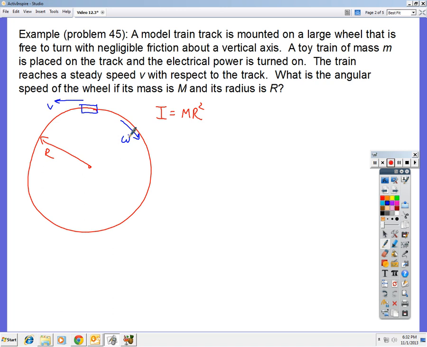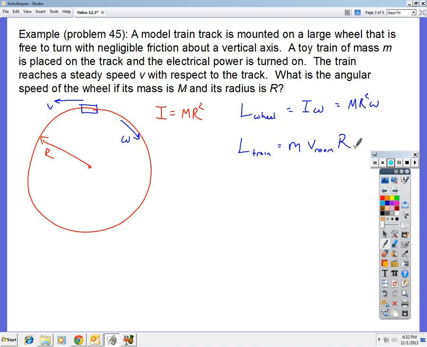So the first thing we say is, okay, let's find the angular momentum of the wheel. It's just I omega, which is Mr squared omega. That's pretty straightforward. Now the angular momentum of the train is going to be its mass times its speed relative to the room times r, because we're treating it as a point mass. Now here's the catch.